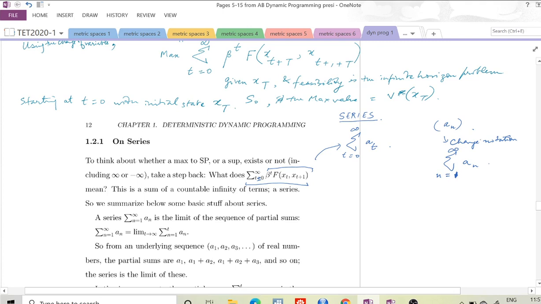So now we want to ask what this infinite sum actually means. It means the following. I have to start with an underlying sequence of the A_ns, and I'm adding them all up.